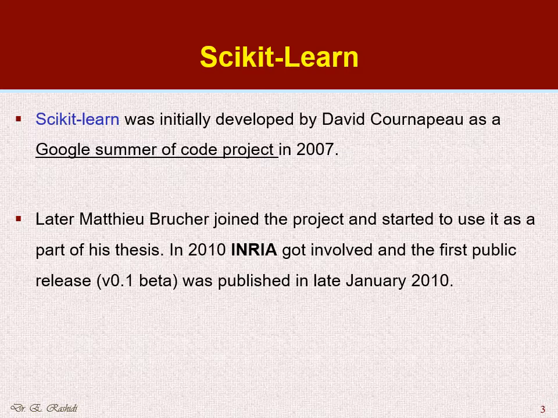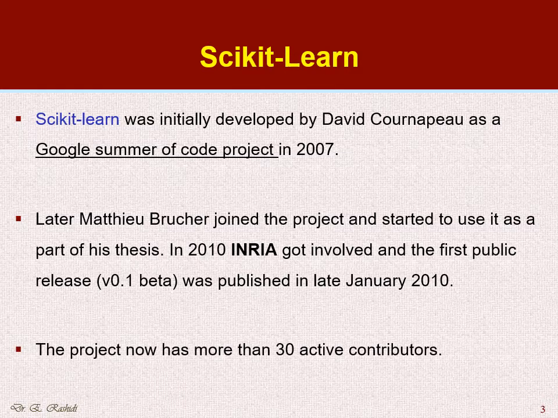In 2010, INRIA, which is the French Institute for Science and Technology, got involved with the project, and the first release of the library, version 0.1, was published later in January 2010. At the time of developing this slide, the project has more than 30 active contributors.